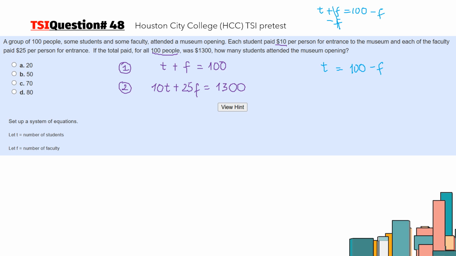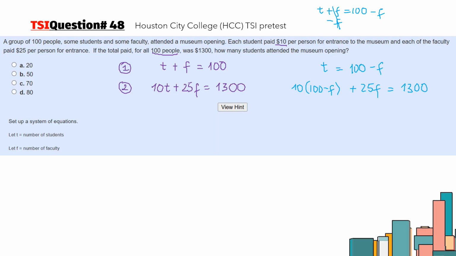So this cancels, and we have T equal 100 minus F. Now we plug T into the second equation, so we have 10 times T plus 25F equal 1300. The parenthesis will be 100 minus F. That is the T.